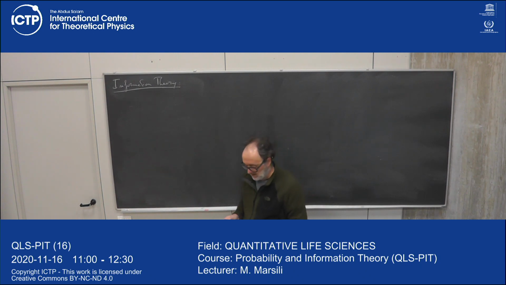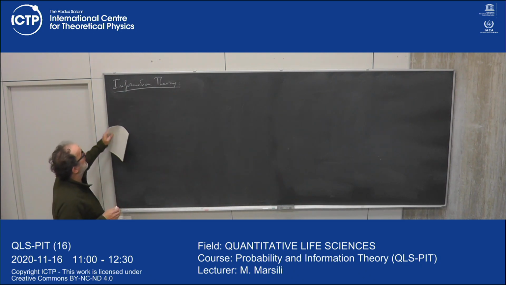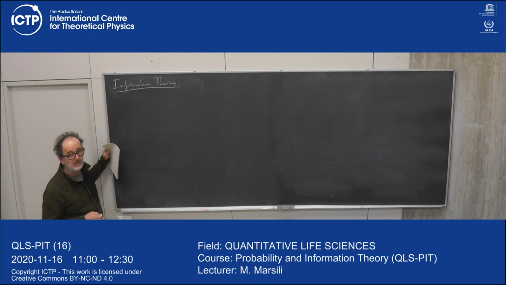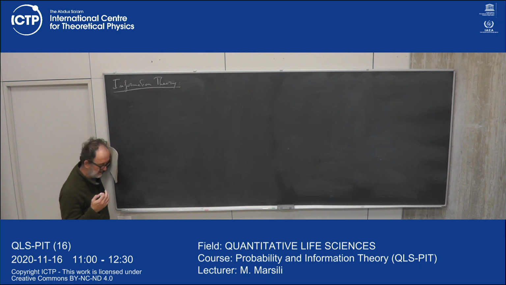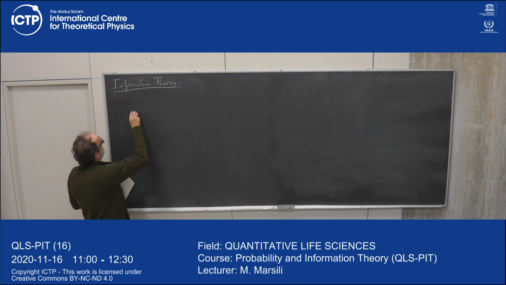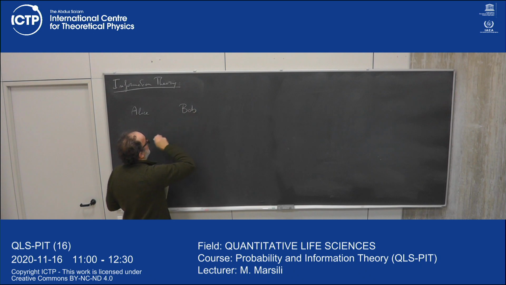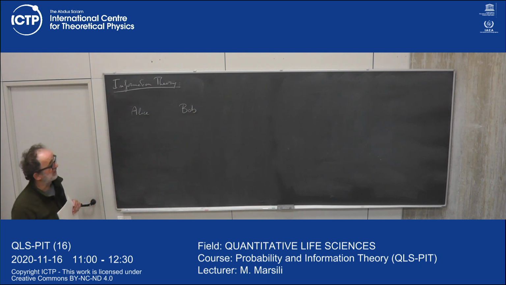So the key question that we want to ask is: how do we quantify information? In order to be more specific, let us consider a specific problem where there are two persons, Alice and Bob, the usual characters in information theory.